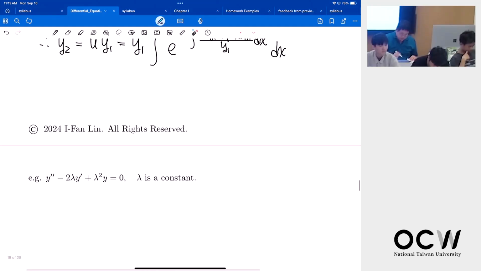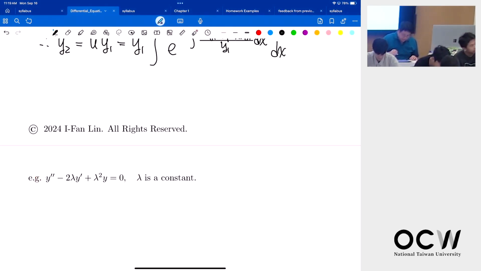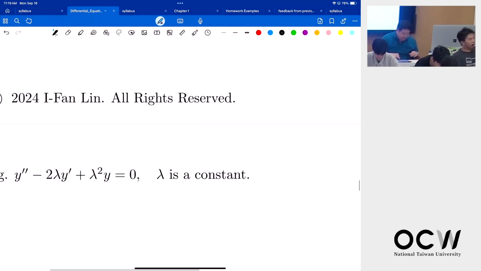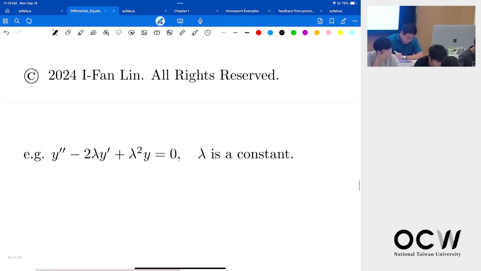So first, I have a constant lambda. Okay, I want to find the solution of this homogeneous differential equation. And suppose we know that e to the lambda x is a solution. Then let's try to find the other solution, y2.